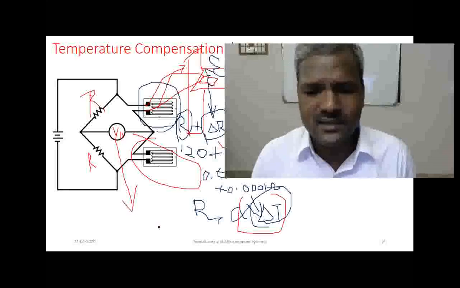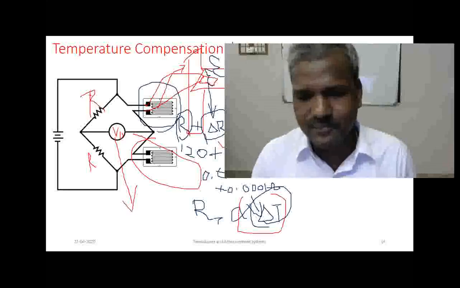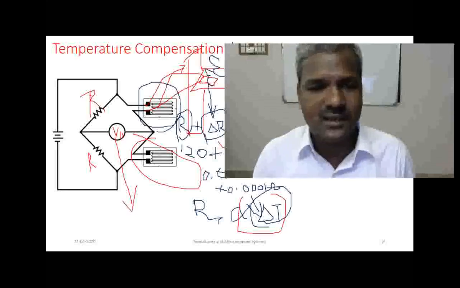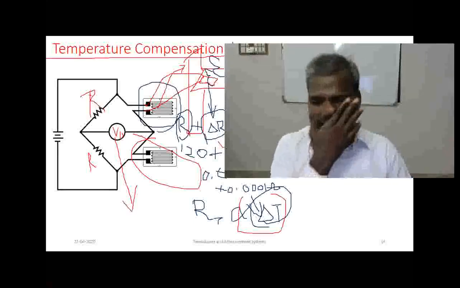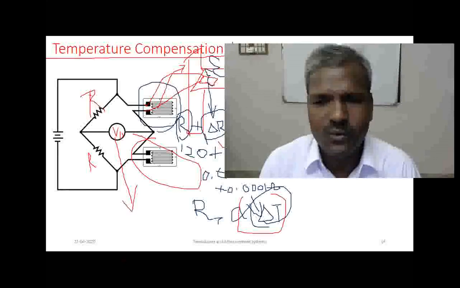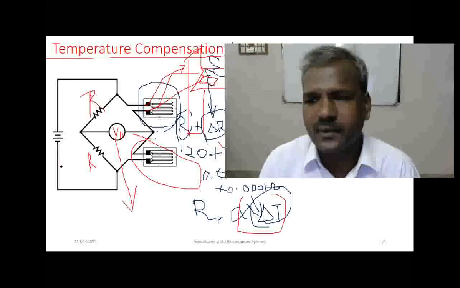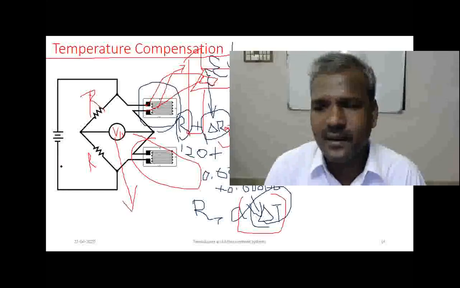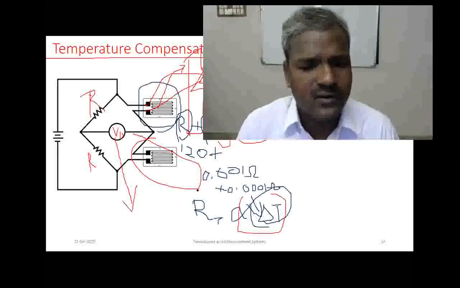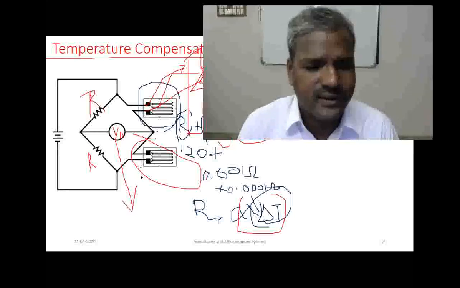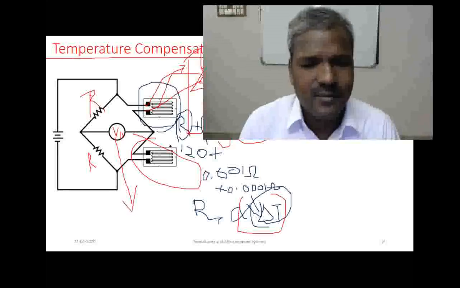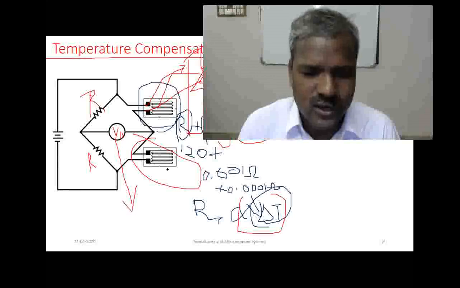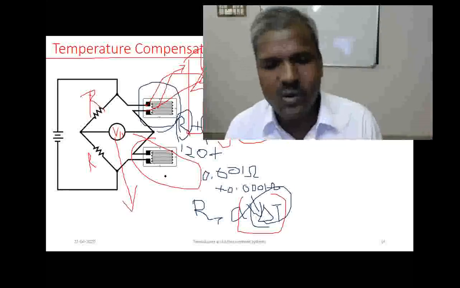How to avoid this del RT? That is the process of temperature compensation. To avoid del RT, we have to fix one more strain gauge here, but this one is exposed only to the surrounding environment.